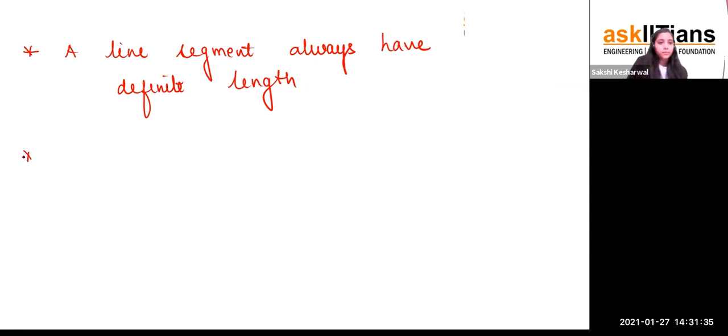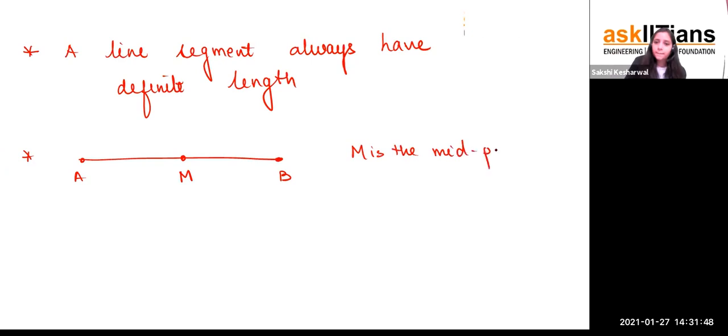Okay. If I say this is a line segment, this is point A, this is point B, and I say that M is the midpoint of AB, right? So it means what?